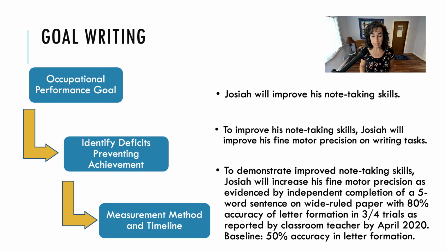Now, the timeline is April 2020. We don't know when he started, right? So different goals will have different amounts of timeline to be met, and different goals will have different timelines based on the institution that you're working for. So some places goals are much longer, up to a year. Other places they're more like 3 months. Okay.